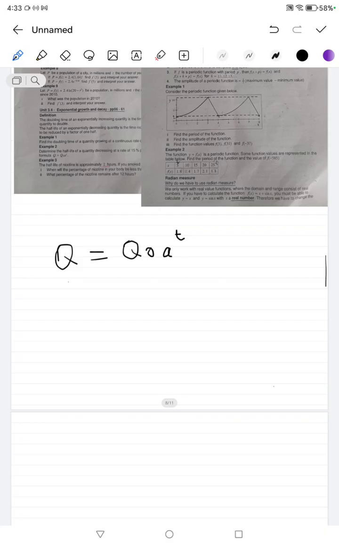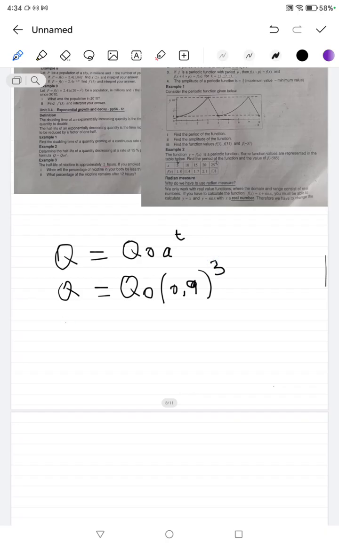In this question, they didn't give us the Q0, so you just say Q equals Q0, your initial quantity. But now you know your A is 0.9 and your T is 3.